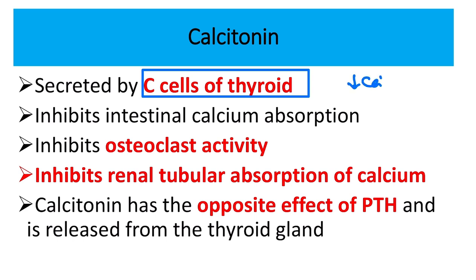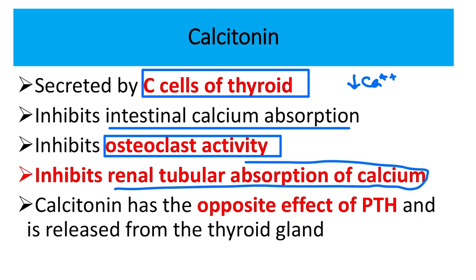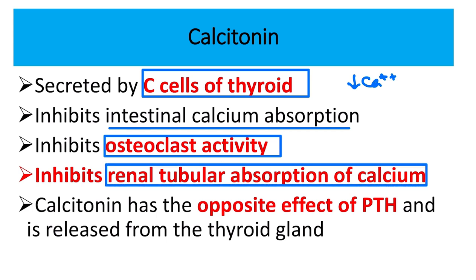It reduces the blood calcium level, and it inhibits intestinal calcium absorption, and it also inhibits the osteoclastic activity, and it inhibits the renal tubular absorption of the calcium. That means in all forms of calcium, it reduces it by acting on different sites.